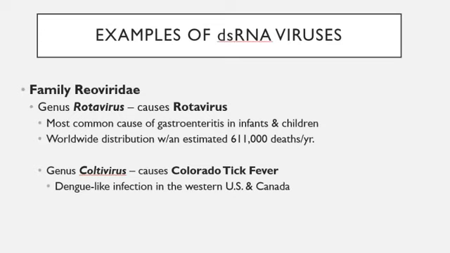The Coltivirus causes Colorado tick fever, which is similar to dengue fever, or it's a dengue-like infection in the western U.S. and Canada. And just to remind you, dengue is caused by mosquitoes and can cause headache, joint pain, and a rash.